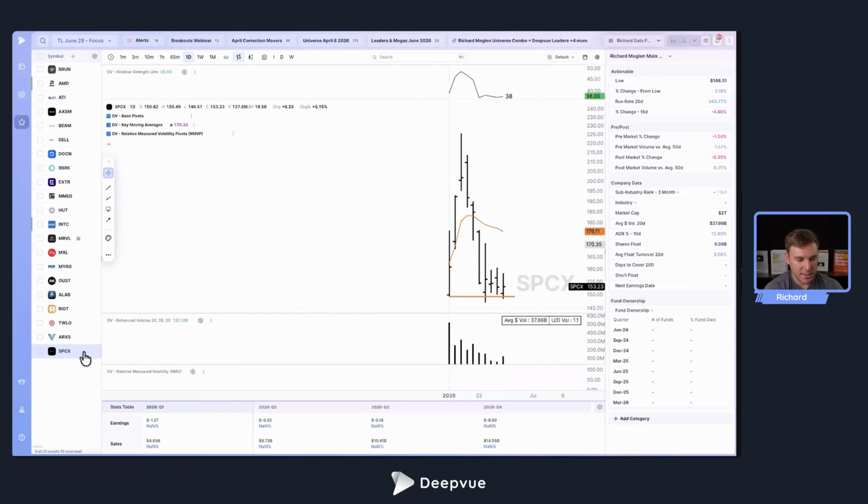So what I do to make a section is I right click in some space here, add section, and click this to name it leaders. And I can drag all the leader stocks that were on the leaders list here to keep them a little bit separate. There we go.